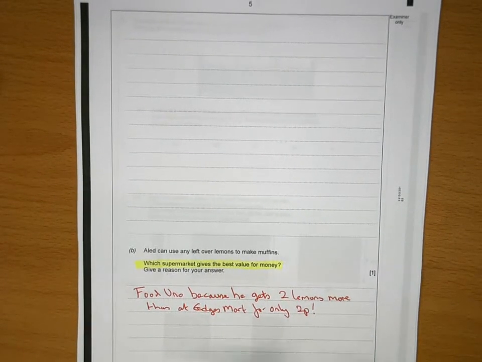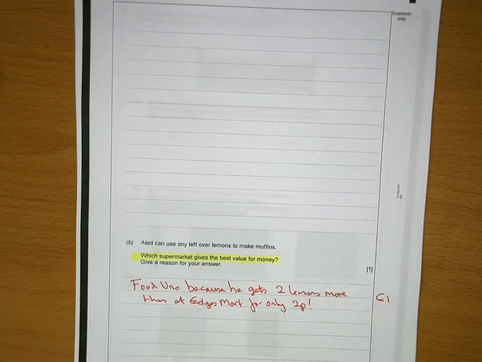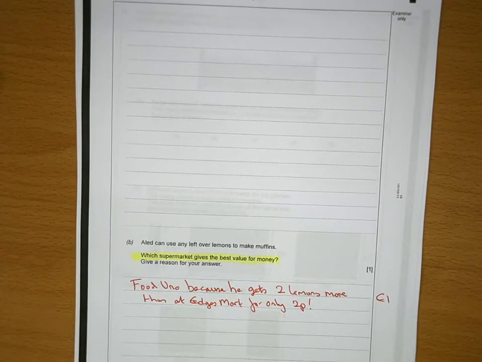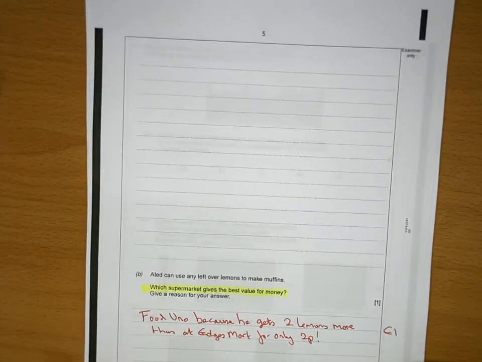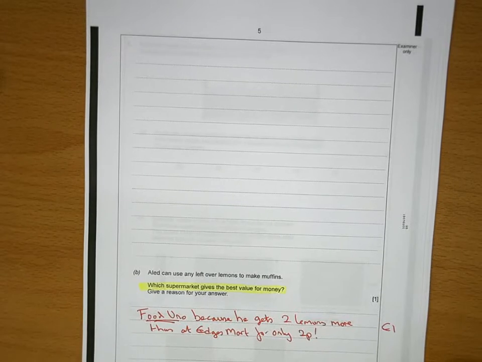So you could have said something like that, or you could have also said 10 lemons for £1.52. He can get 10 lemons for a cheaper price than in other supermarkets. You get more lemons for less price. Anything like that, so long as you've identified the right supermarket.